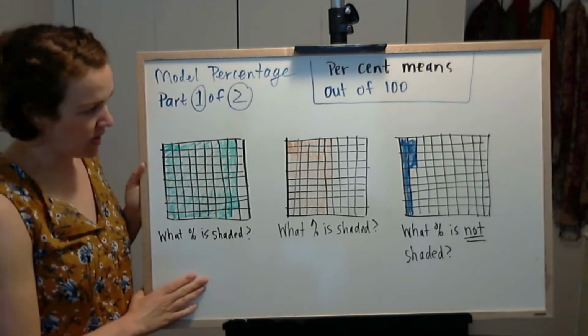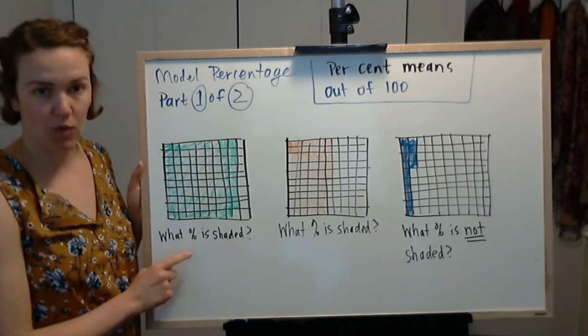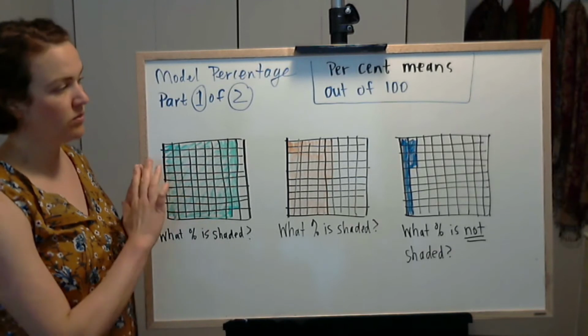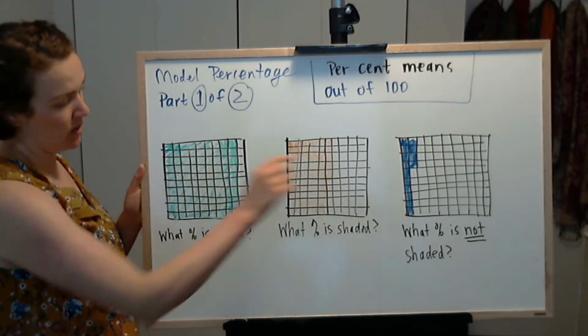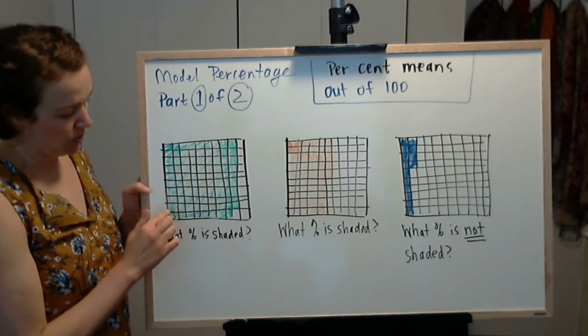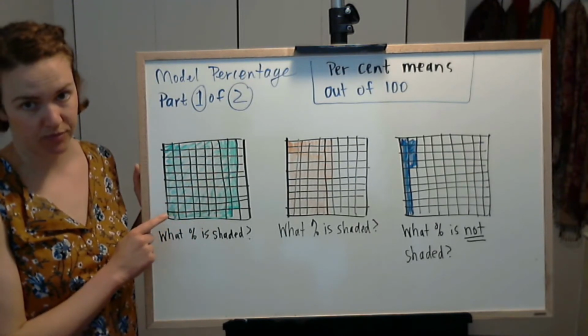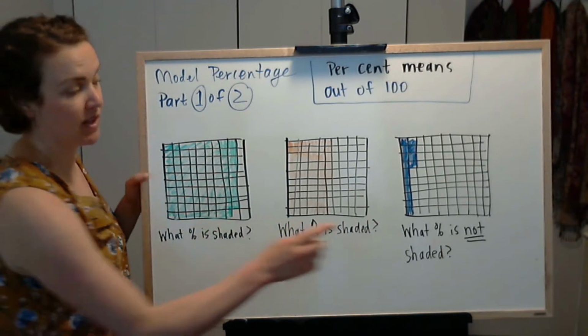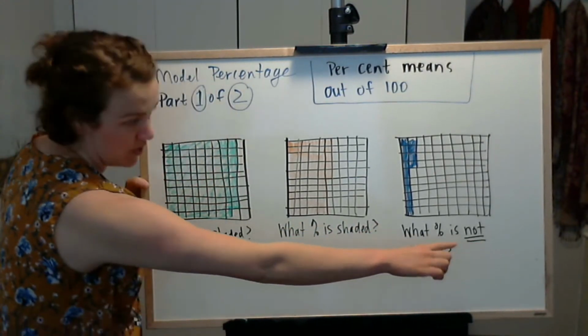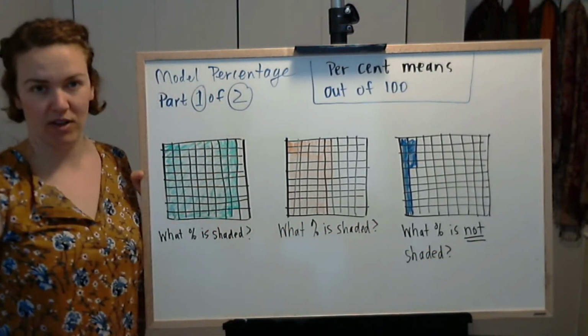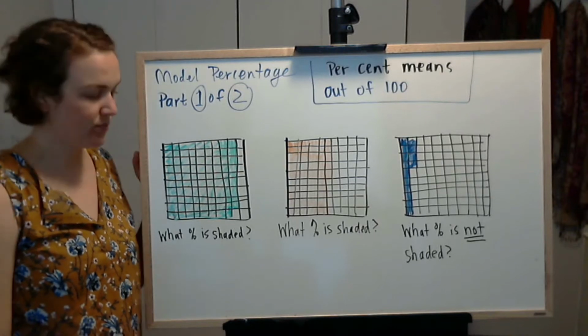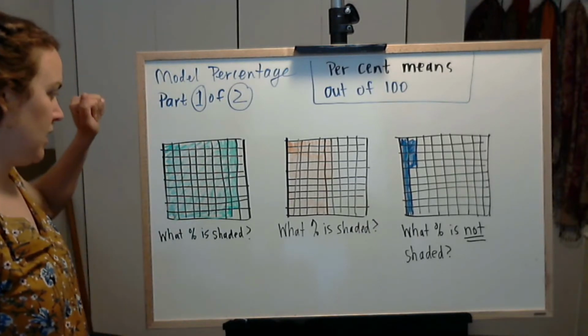So the first activity you'll do is figure out what percent is shaded. All of these have 100 little squares in them, so you just have to count the number of squares that are shaded. Sometimes though they'll ask you what percent is not shaded, so you really need to look out for that little word that's kind of sneaky. So let's do this first example.